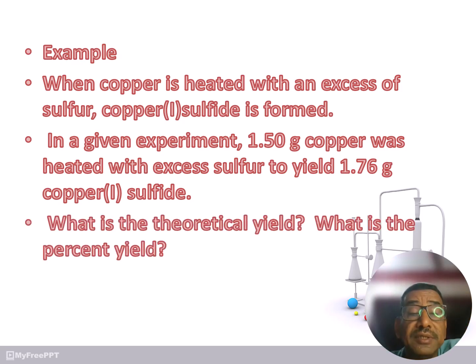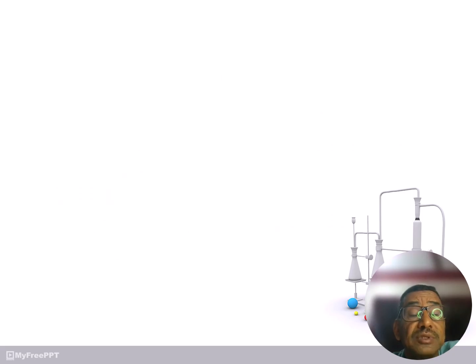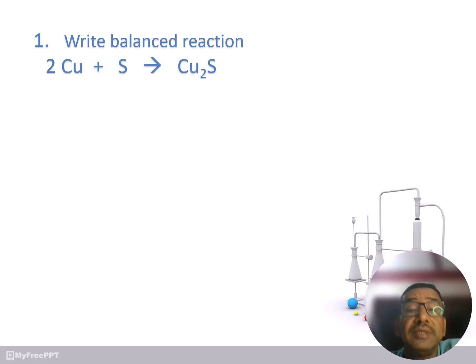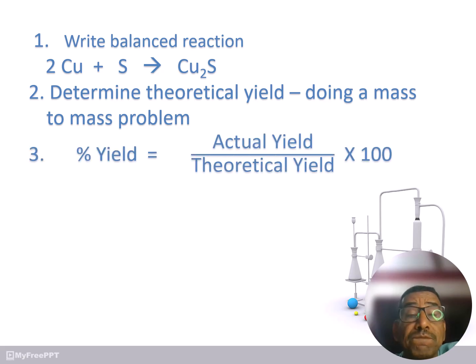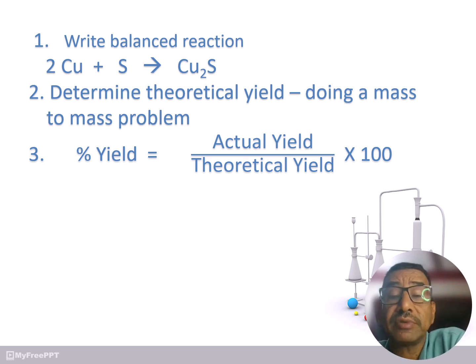In this case, I need to calculate theoretical yield first, and I need firstly to balance the equation. So I need to determine theoretical yield, and finally calculate percent yield by actual yield over theoretical yield times 100.